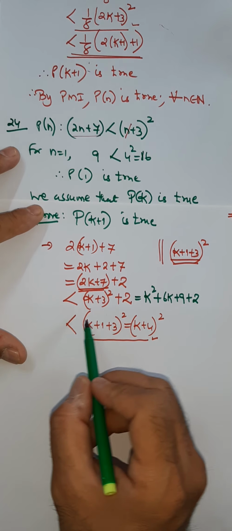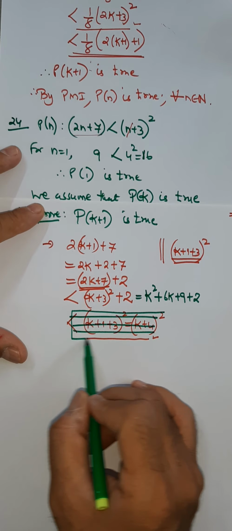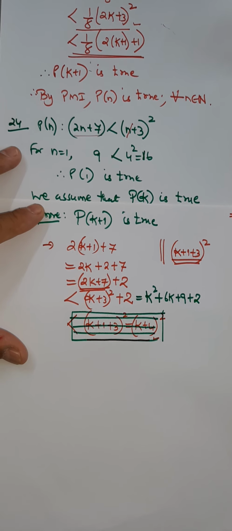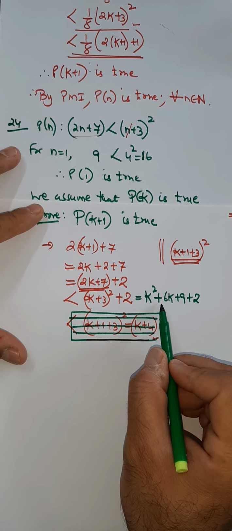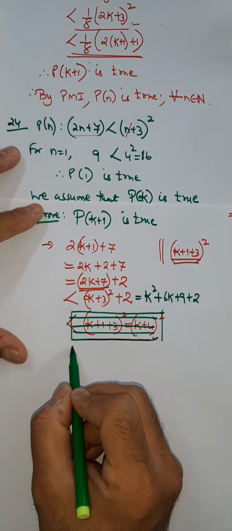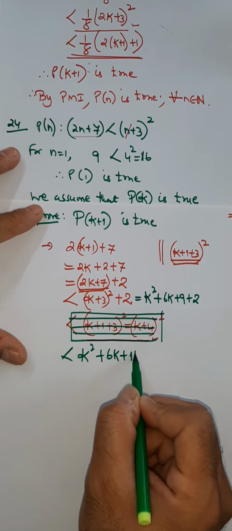Fine. Now let me drop right now this, we keep in our mind. Okay, now here I want k plus 4 the whole square. What is k plus 4 the whole square? Which is k square plus 8k plus 16. So what I'll do, k square plus 6k plus 11 is there.